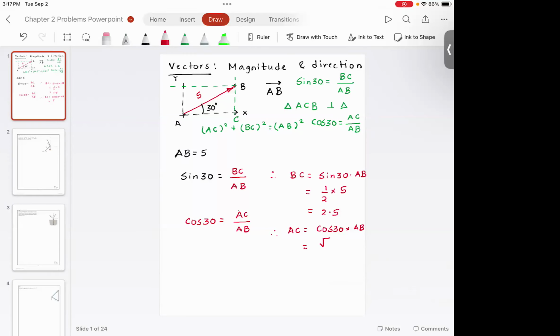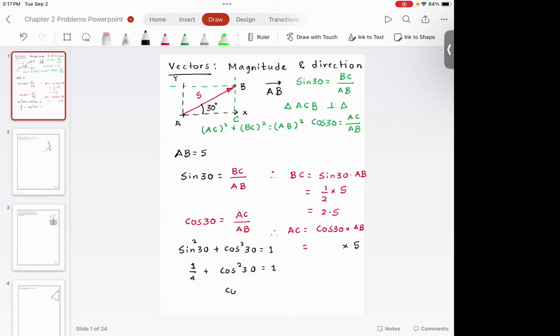Can someone tell me what is cosine 30? What is cosine 30? Use your calculators. Or you can use the relationship sine square 30 plus cosine square 30 is equal to 1. 1/4 plus cosine square 30 is equal to 1.